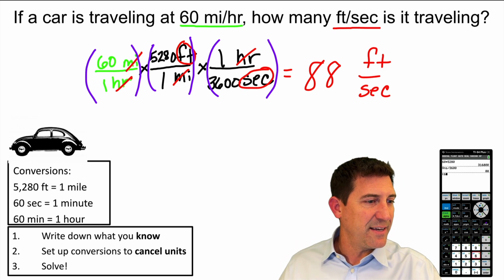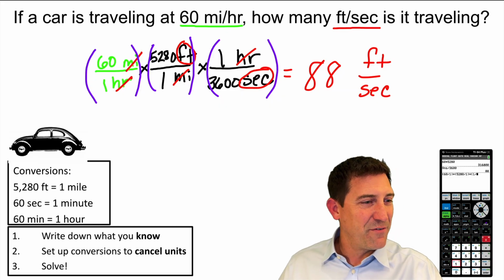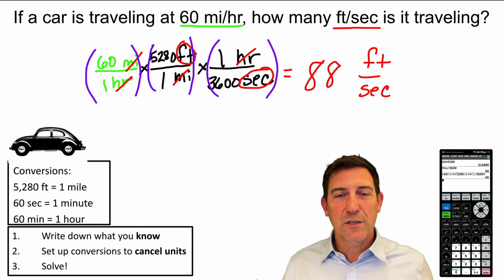Parentheses, 60 divided by 1 parenthesis times parenthesis 5280 divided by 1 parenthesis times parenthesis 1 divided by 3600 parenthesis enter. 88. Either way works perfectly fine.